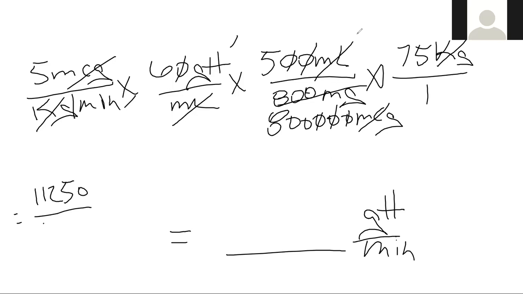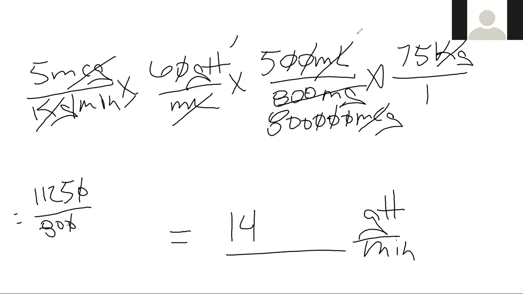And I'm going to divide that by 800. Again, I can mark the 0 off on the top and the bottom. Now I've got 1125 divided by 80, and that should give me an uneven number. I think it's 14.06 drops per minute. But again, we're going to round that down to 14 drops a minute.